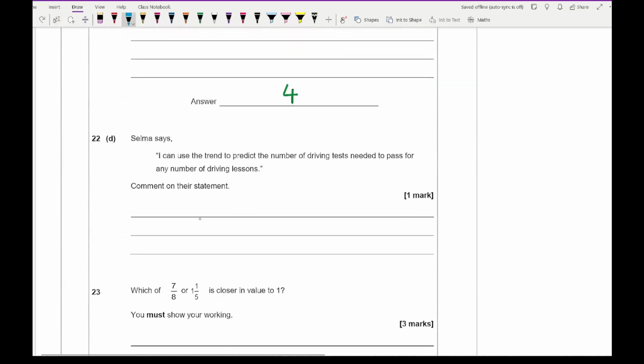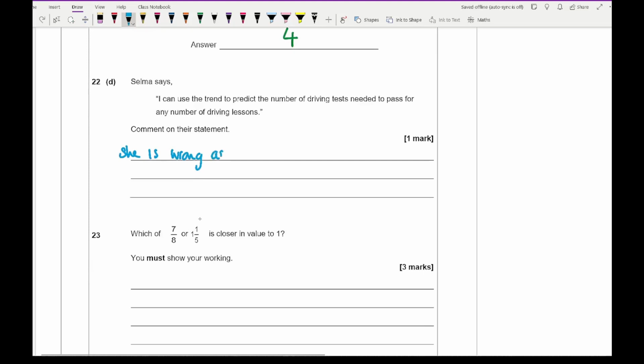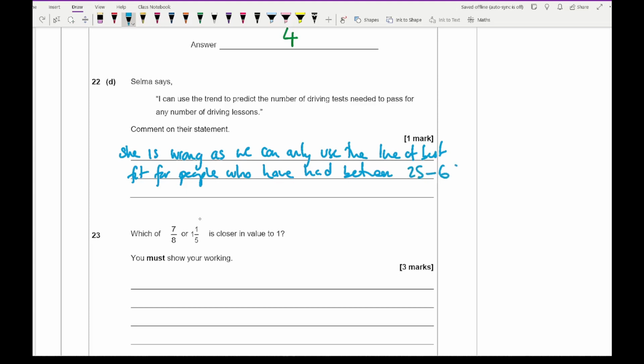Let's write that again. So she is wrong, as we can only use the line of best fit for people who have had between 25 and 65 lessons.